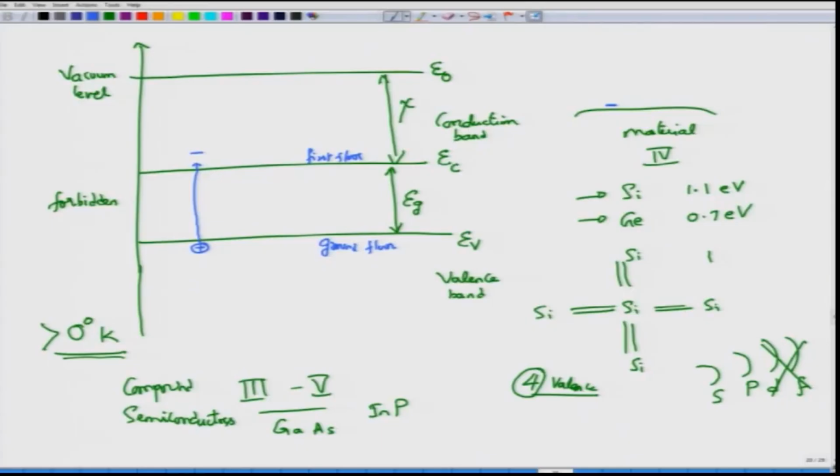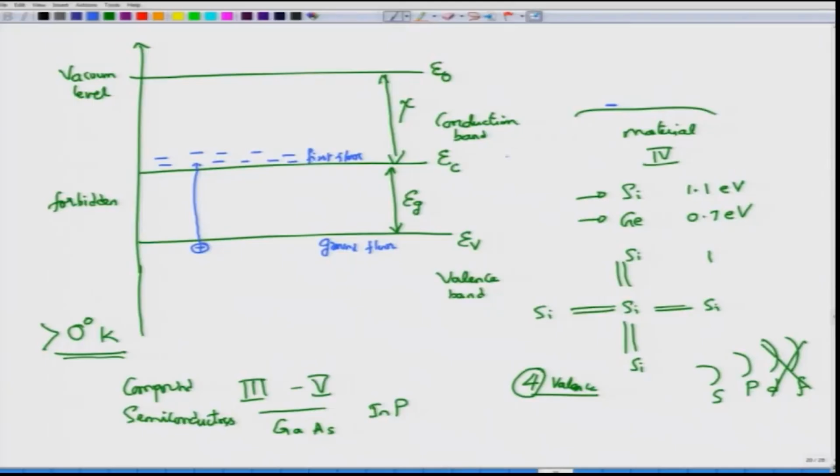So, at temperature greater than 0 degree Kelvin you will find a reasonably good amount of electrons in the conduction band, but they are all hugging the conduction band. You do not find electrons right near the vacuum level because the energy is not sufficient for the electrons to just come out of the material. It is barely sufficient for them to just cross over the energy gap, and therefore they are all hugging the first floor, or the conduction band edge.